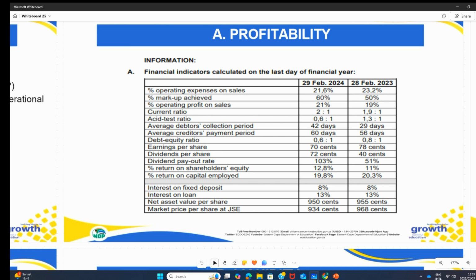Now, even before you have looked at the questions, what does the question say? It's important for you to have an understanding of what these financial indicators are, because you're going to end up needing to use them in order for you to get marks. Why do I say that?